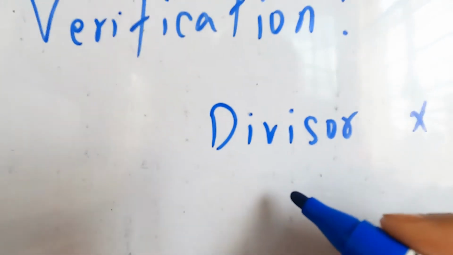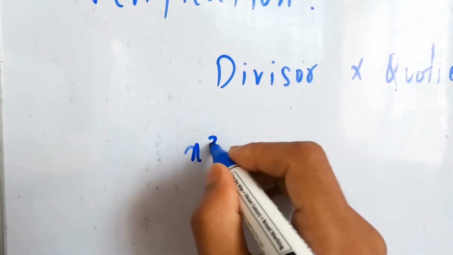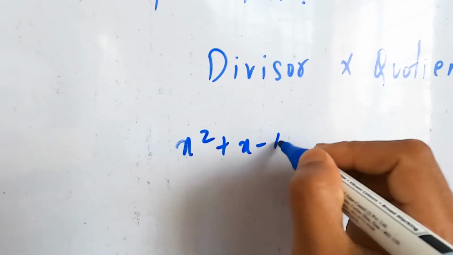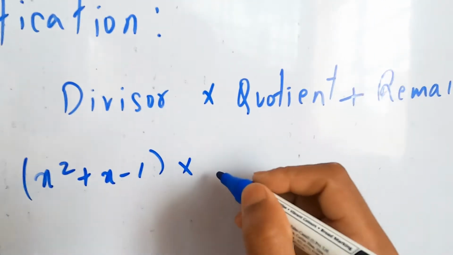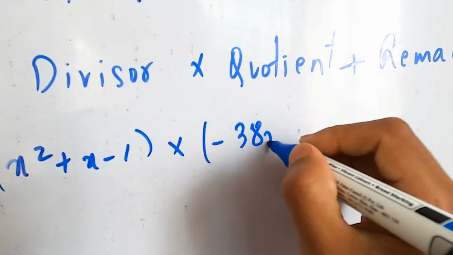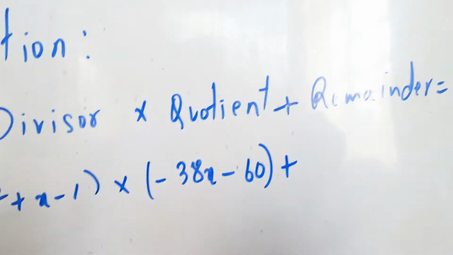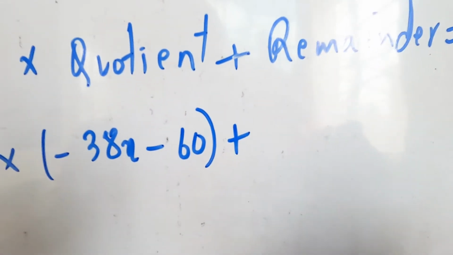So in this case, the divisor will be x square plus x minus 1 into the quotient.